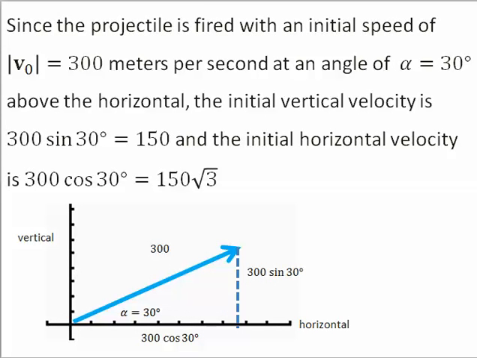Since the projectile is fired with an initial speed of 300 meters per second at an angle of 30 degrees above the horizontal, the initial vertical velocity is 150 meters per second. That's the same. And the initial horizontal velocity, 150 radical 3, is the same as well.